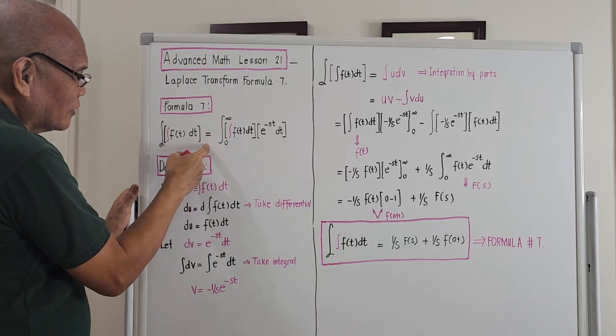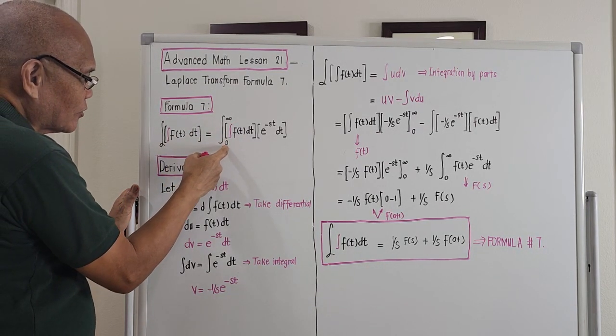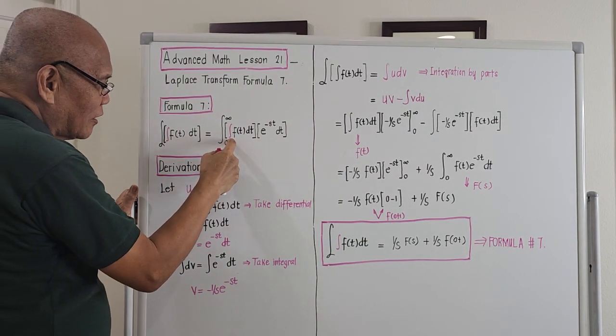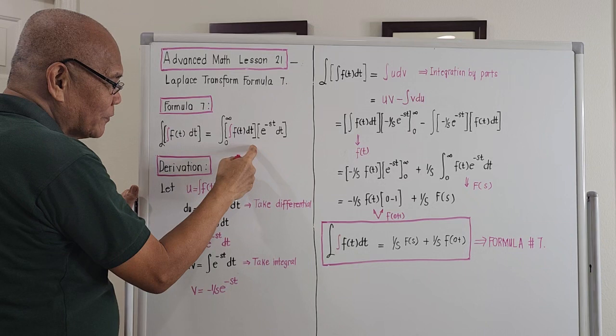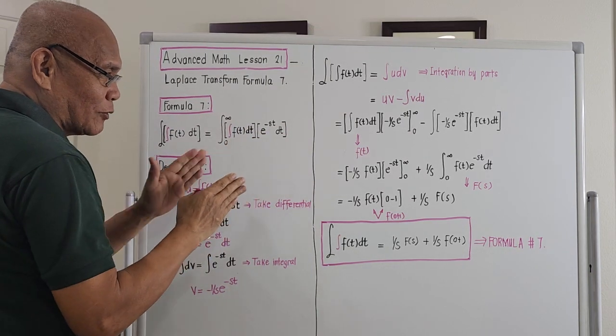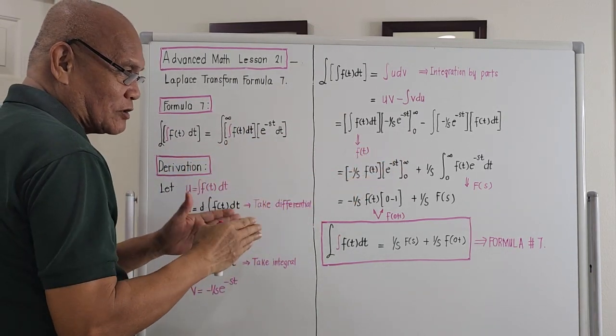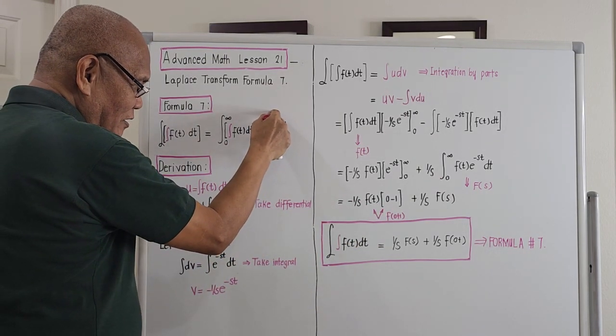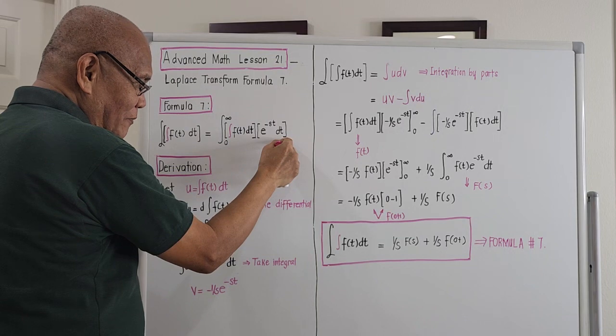This should be equal to the integral from 0 to infinity of that given integral of function of t dt, multiplied by e raised to minus st times differential of time.